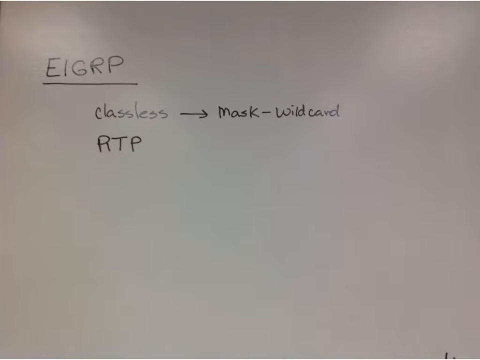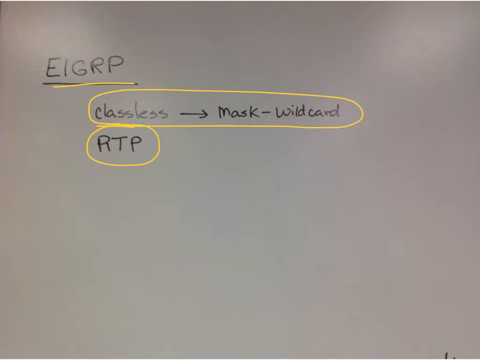A lot of notes on EIGRP. Anyway, we talked a little bit about it. And reliable transport protocol. That is an R. Doesn't look like it. So we talked a little bit about it. There is a lot of material in the chapter.